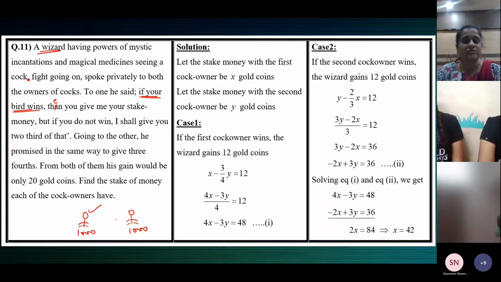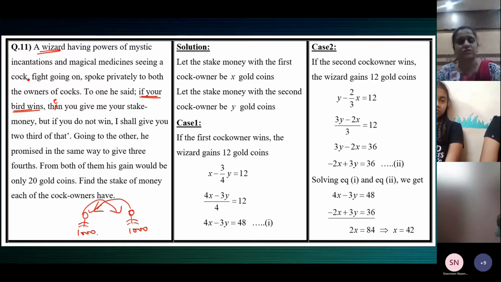If this person's cock wins, the other gives him 1,000 rupees, and if the other's cock wins, then he has to give him 1,000 rupees. That's the stake money.